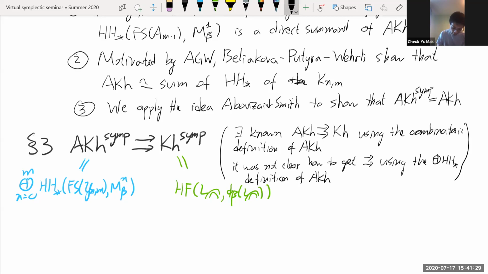And then we want to get a spectral sequence from one to the other. One thing to note is that on the left-hand side, the Floer theory is happening inside Y_n, where n is from 0 to m, and on the right-hand side, the Floer theory is happening in Y_{m to m}.